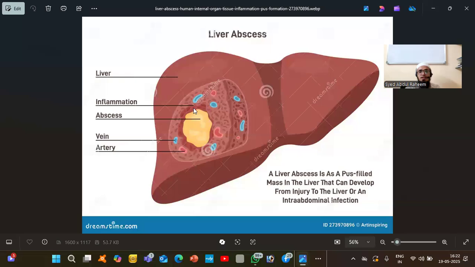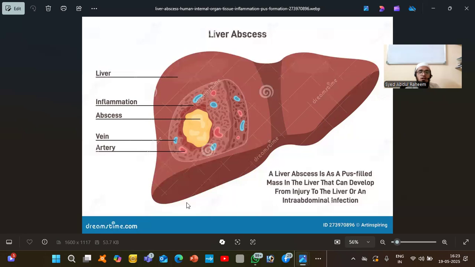Here we have the abscess and here the inflammation. A liver abscess is a pus-filled mass in the liver that can develop from injury to the liver or an intra-abdominal infection. Any injury to the liver, or any condition where infection enters the liver, causes an abscess. It is filled with pus.